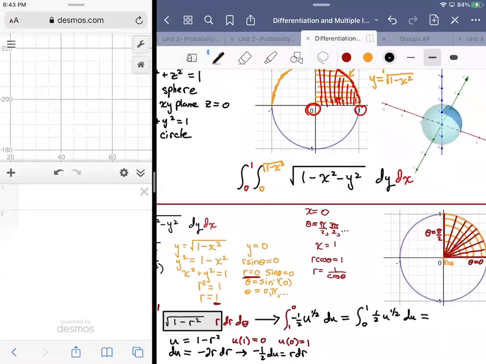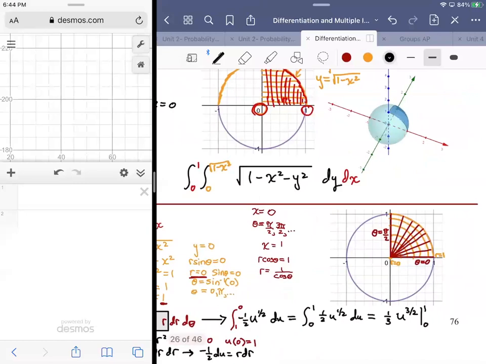Increase the exponent by 1, u to the 3/2. So 2/3 multiplied by 1/2, 1/3. Pop it in. You're looking at just a clean 1/3.